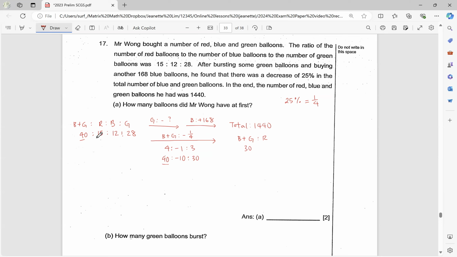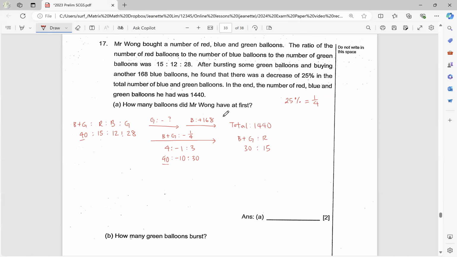Red no change, so 15. Don't simplify this, because these units came from the other ratios, okay? You want them to have that link. Don't simplify it. You remove that link instead.